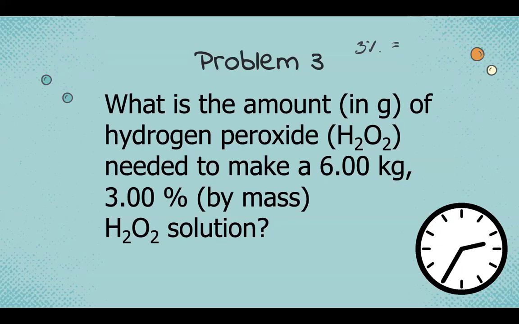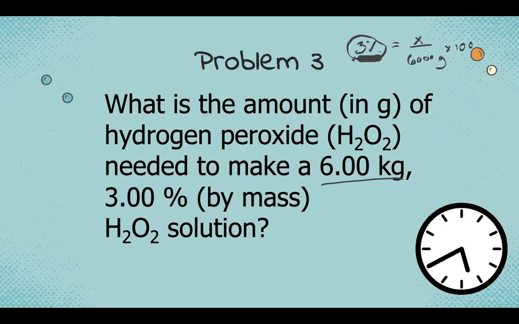In grams. So let's put X on there. Divided by 6 kilograms. So it should be in grams. So 6 kilograms equivalent to grams is 6,000 grams times 100. Now, if we will be having this 3% into decimal, remember, we also have to make into decimal the 100 here.